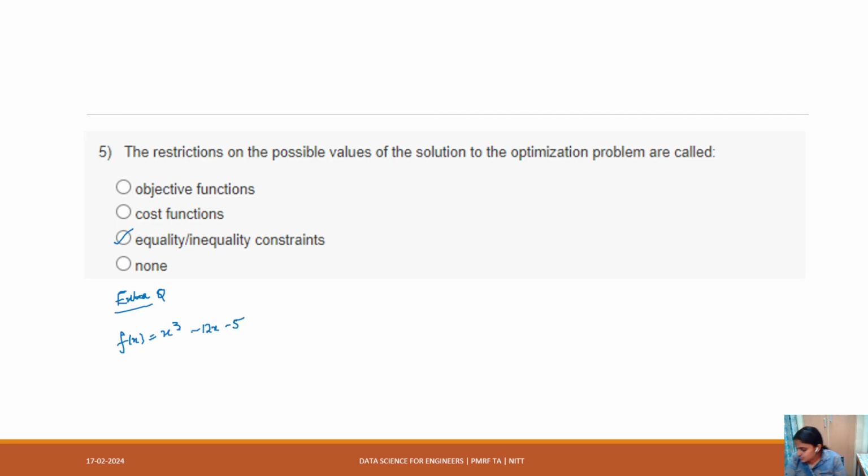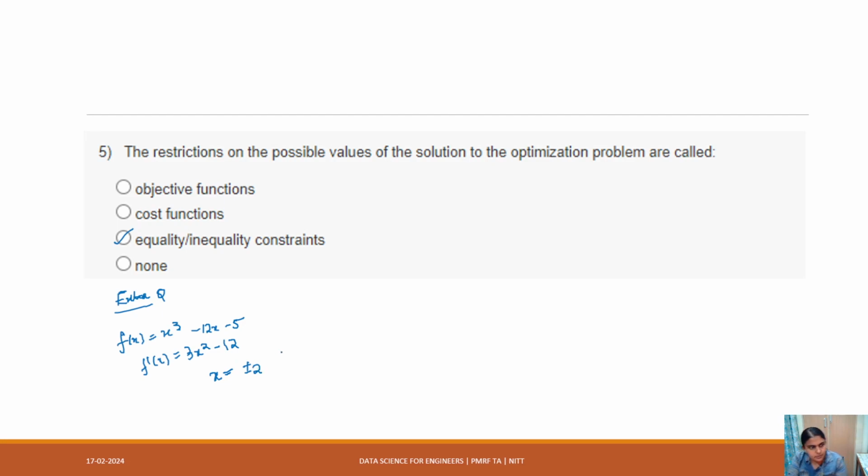So here, I think you might have solved it. I'll start the solution: the derivative will be 3x squared minus 12, and solving it, I'll be getting the value as plus or minus 2.